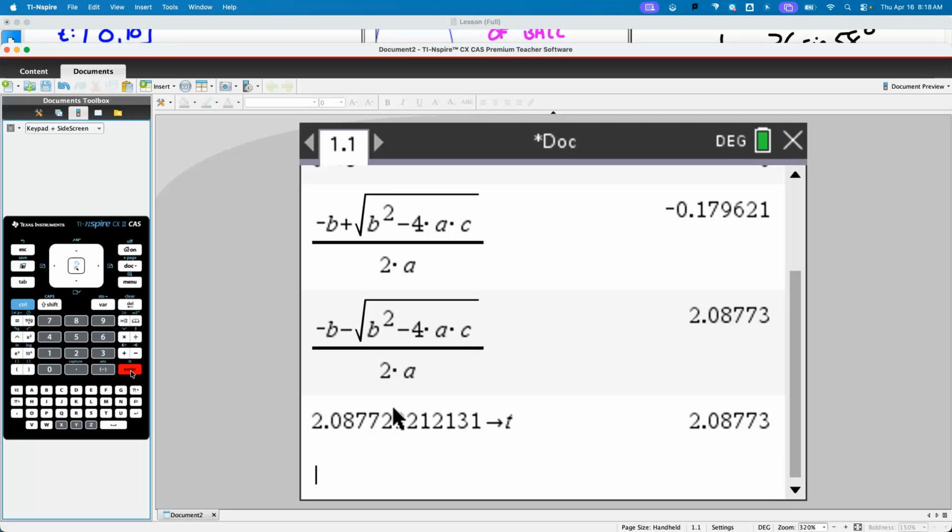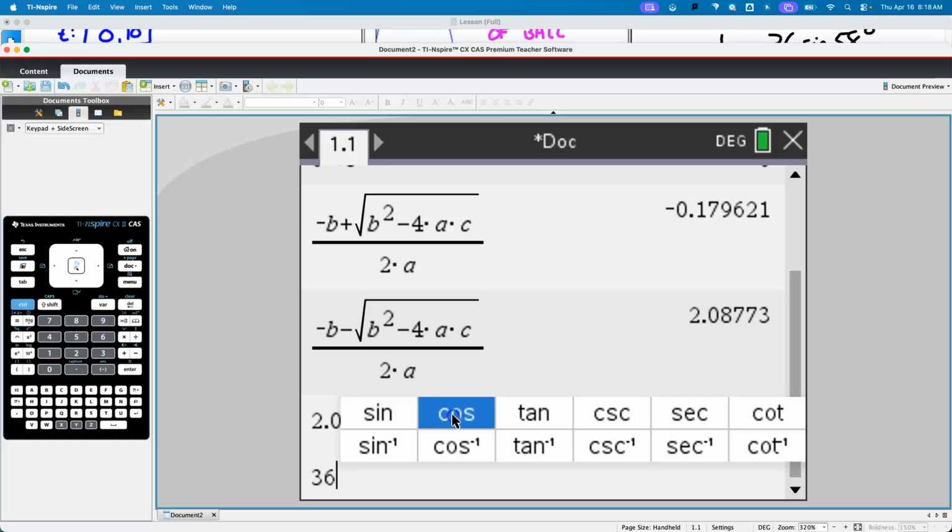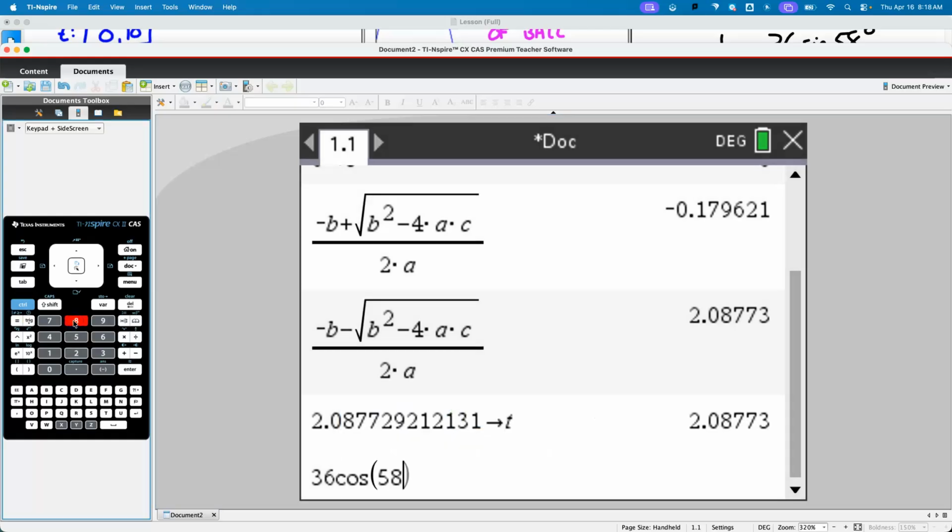But then now you just have to type it in to the x of t function, which was 36 cosine of 58 degrees times t. I have t stored as my time that it takes.